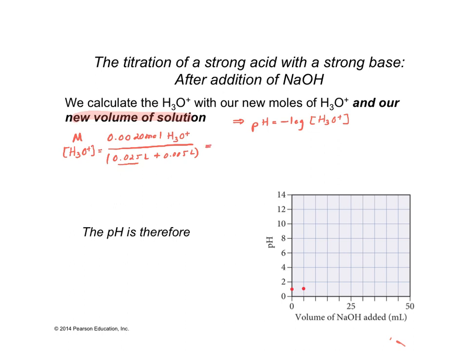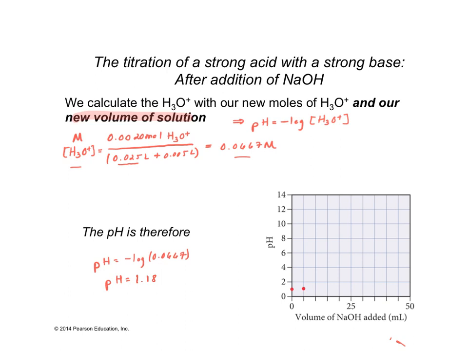When we do that, we get a new H3O plus concentration of 0.0667 molar. Once we have the concentration, to calculate the pH, all we need to do is take the minus log of that. So minus log of 0.0667 gives us a pH equal to 1.18.